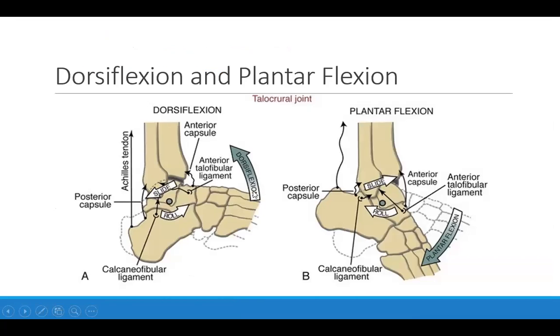And again, dorsiflexion, the toes come up. We have the tibialis anterior pulling the toes up, and we have the Achilles tendon and the gastrocnemius pulling the calcaneus up. So the toes go up or the heel goes up. That's how we walk.